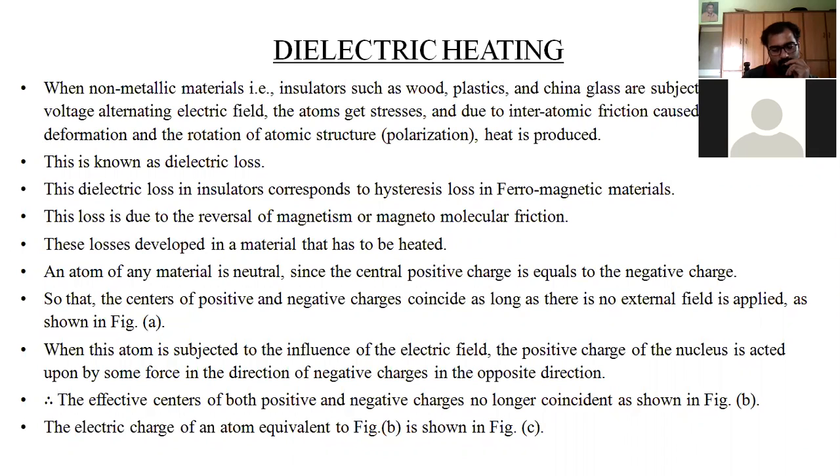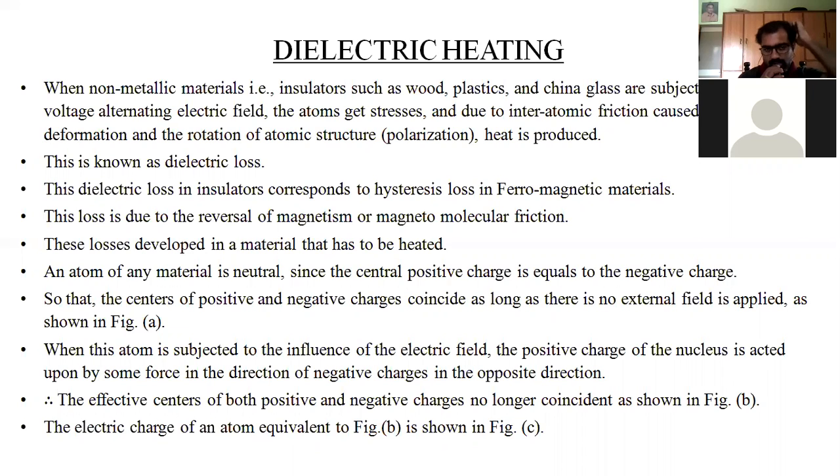Okay, for your easy understanding, I have given this. What is an atom? An atom consists of positive charge and negative charge. Whenever we take an atom, it is in the neutral position, because the positive charge and negative charges present in the atom are equal.